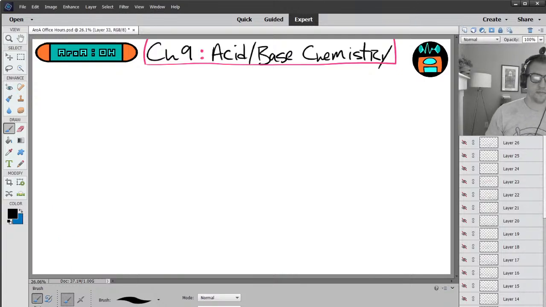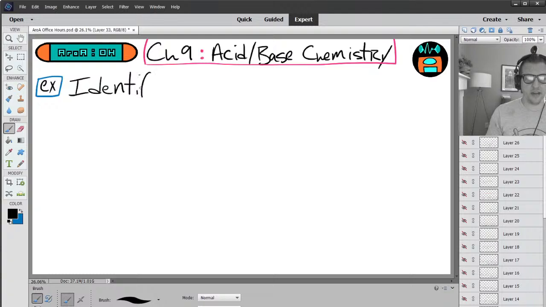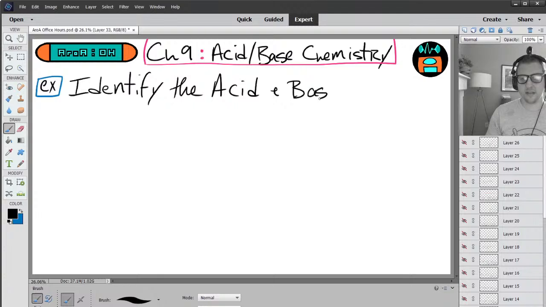So, identify the acid and base in each reaction.